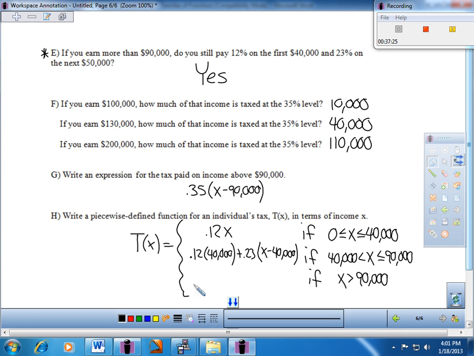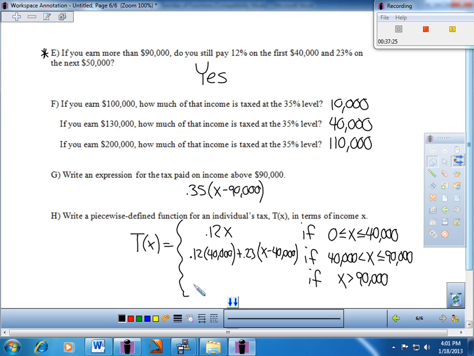Okay, so I've got 2 in place, and then it's time to start thinking about the third. So if you would, look at your answers from E through G and see if you can pull it off. This is definitely the hardest by far. Well, here's what I did. So we're making the big money. We're making more than $90,000.